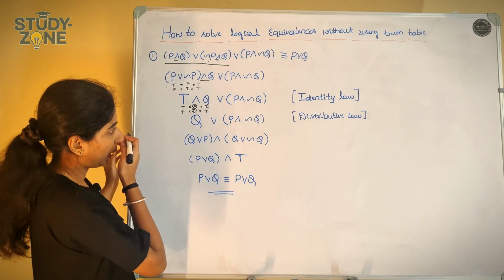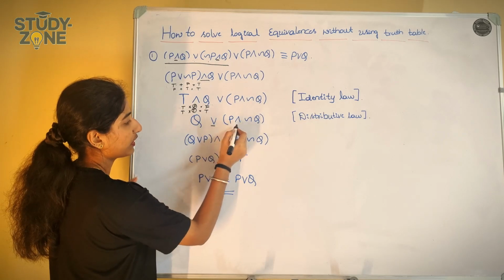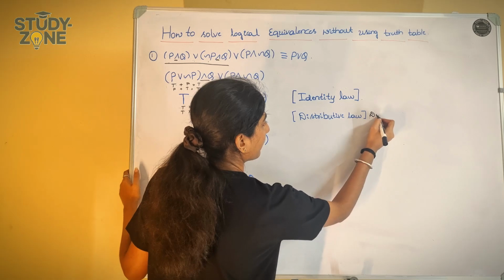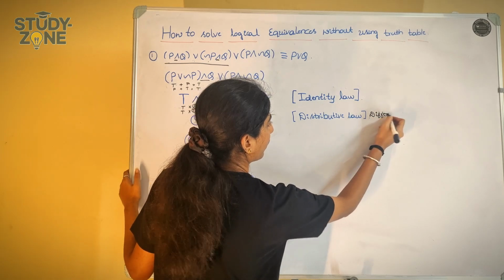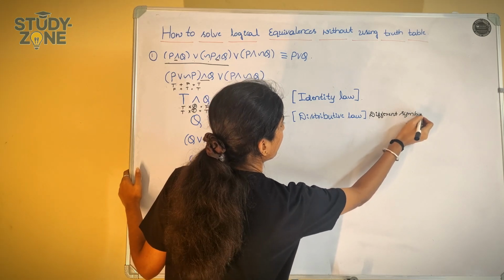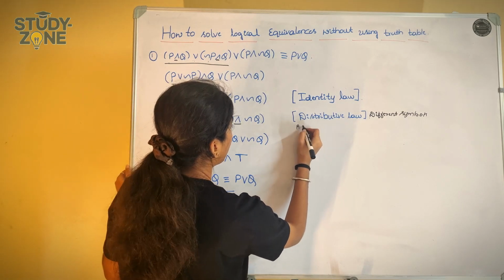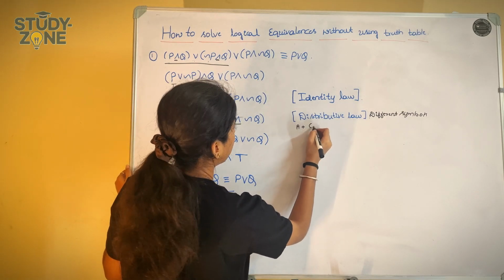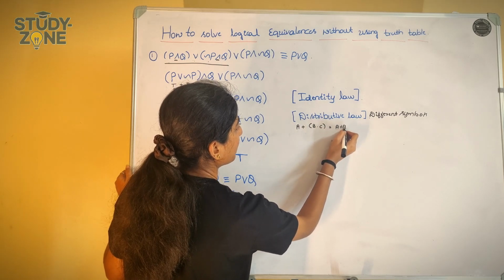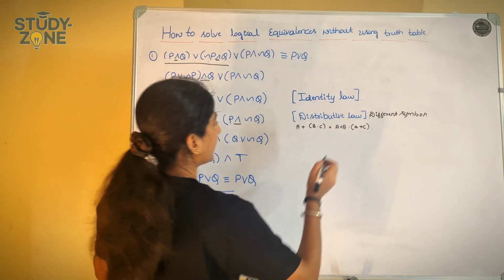Done. Now we are taking the distributive law because here we have different symbols. So look carefully, if we have different symbols, we have to take the distributive law, okay? It is of the form A plus B into C equals A plus B into A plus C, correct?